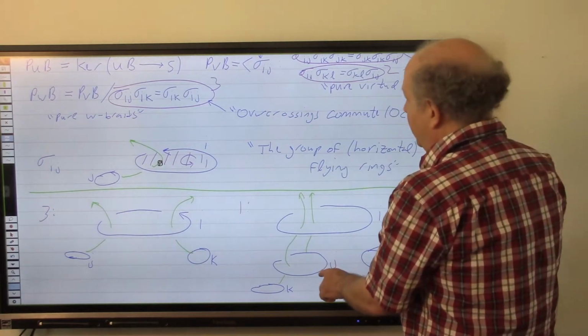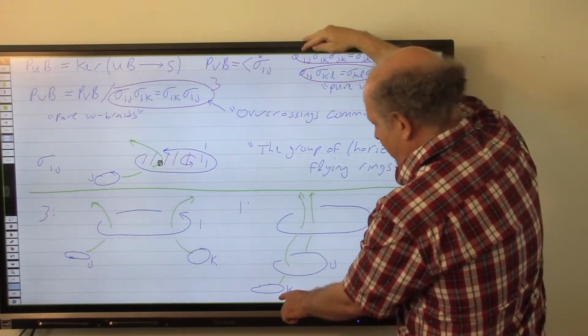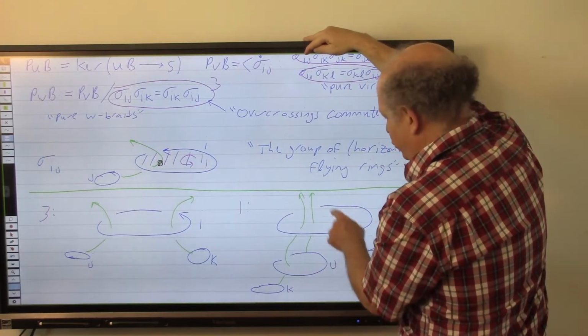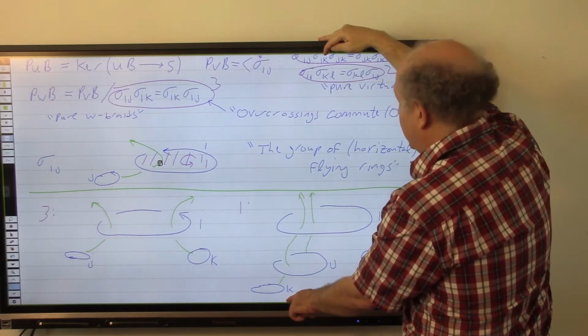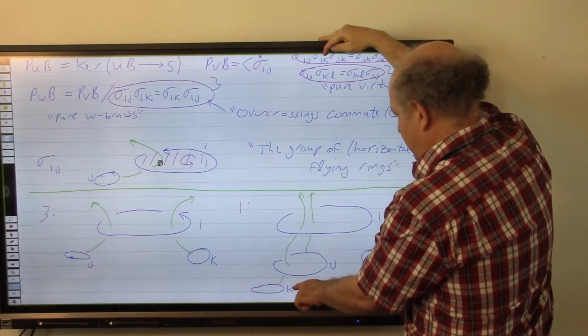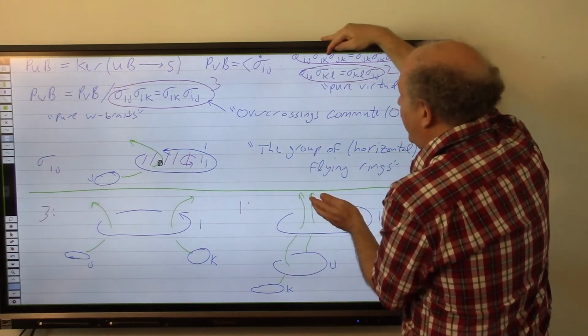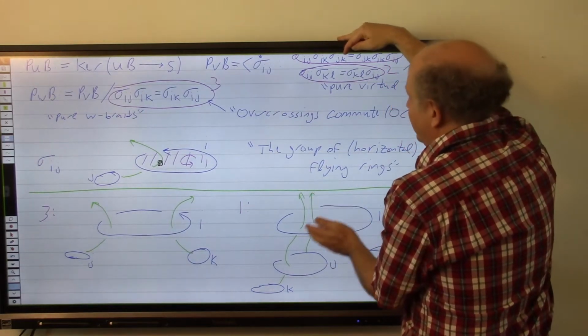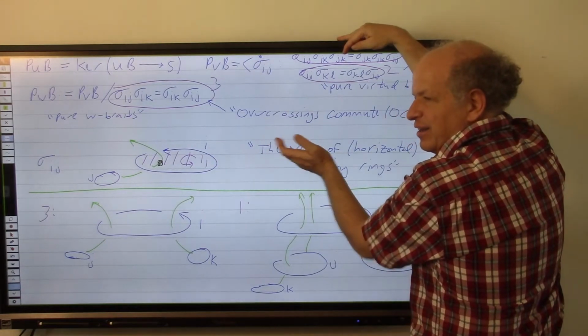So either first J flies through I, this is sigma ij, and then now J is above, so K can fly through I, so this is sigma ik, and then K flies through J and it's on the other side.